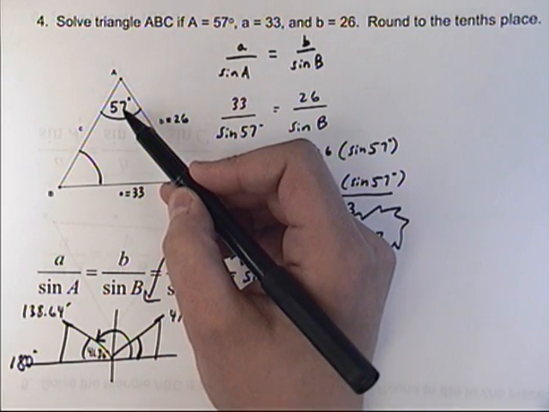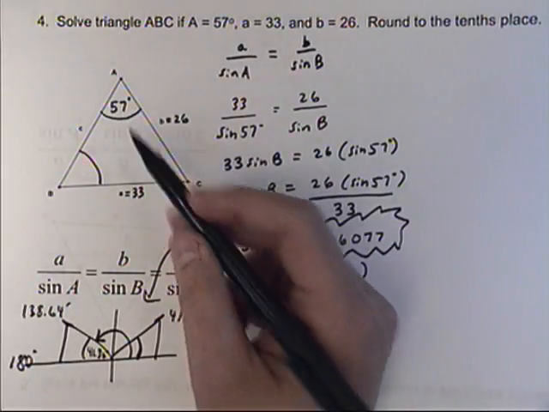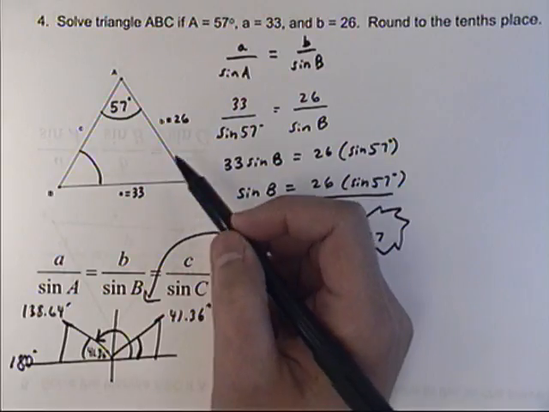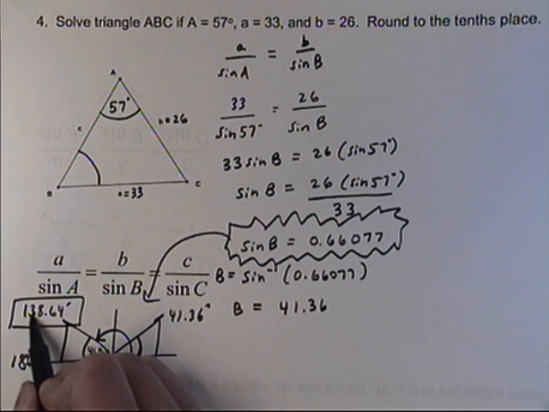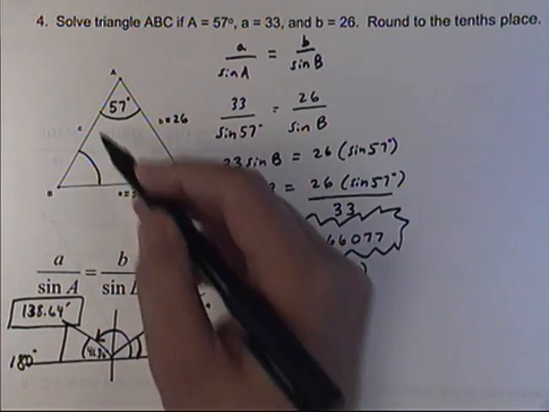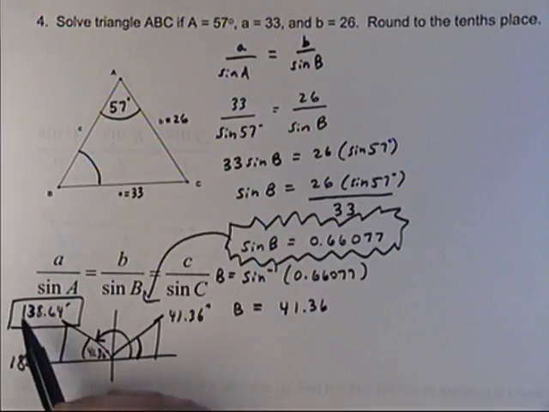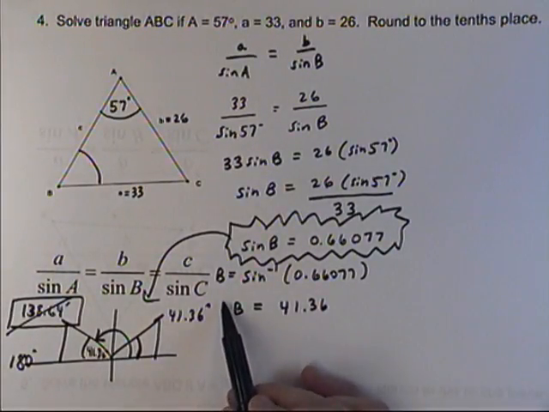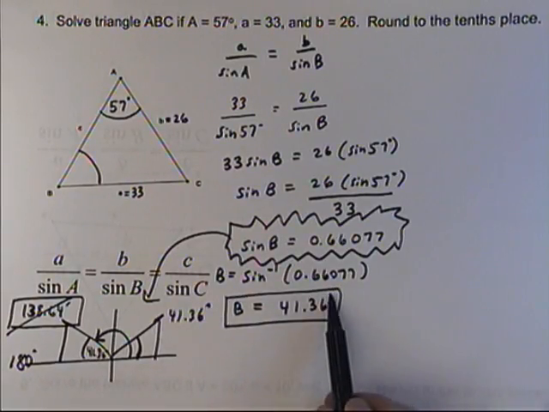No. The reason for that is that these two, when you add them up, are larger than 180 degrees, which means that angle C would be either 0 or negative. So this, while we had to actually consider its possibility, is not possible when you look at the fact that all three angles have to add up to 180. So I'm going to toss that possibility out, and the only angle B that I'm going to accept as an answer is 41.36 degrees.